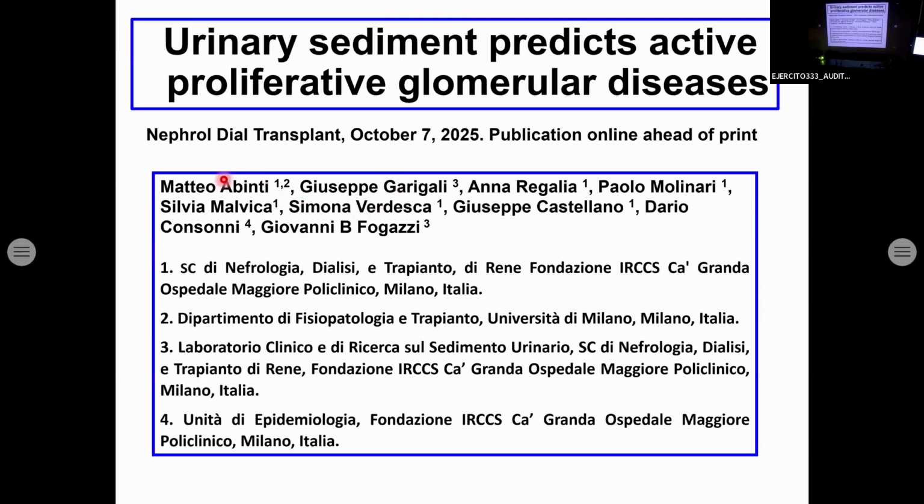Here is the large group which has worked on this paper, all young nephrologists, but one, Giovanni Fogazzi. I am everything but young. And besides the nephrologists, there is Dario Consoni, who is a very skilled and excellent statistician.